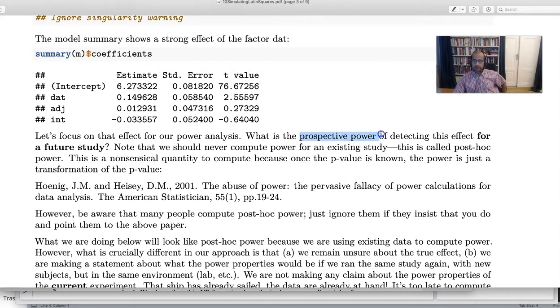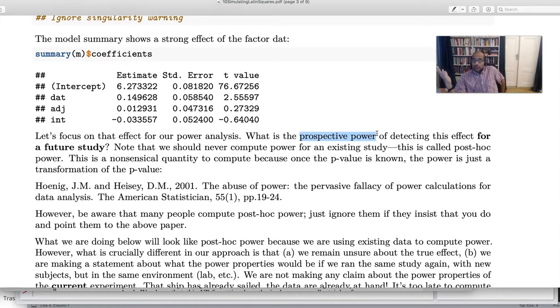What we are doing, however, is computing prospective power for a future experiment that we will run as a follow-up to this study. We are just using the estimates from this experiment to think about what would happen if we were to run the experiment again. Of course, in the new experiment, the standard deviations and the variance components would be different, and everything would be different, because they'd be different subjects.